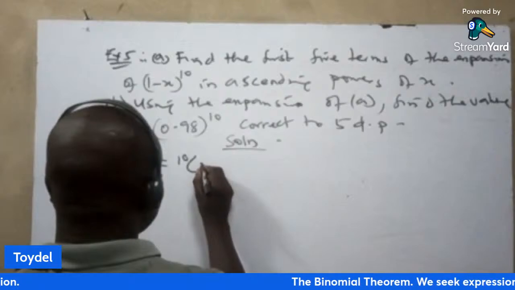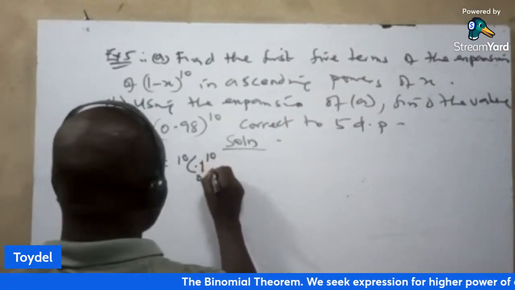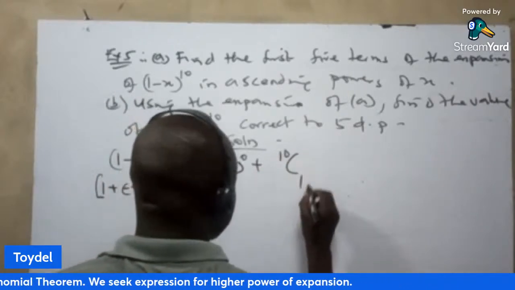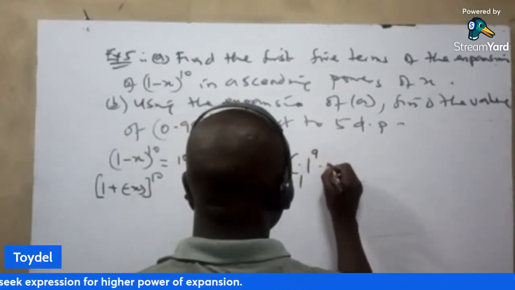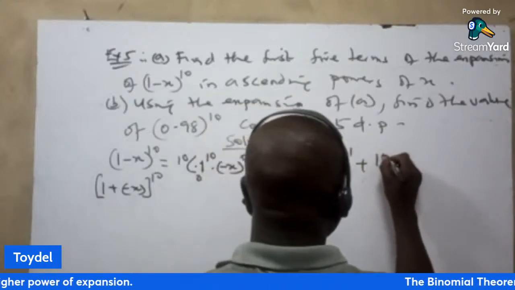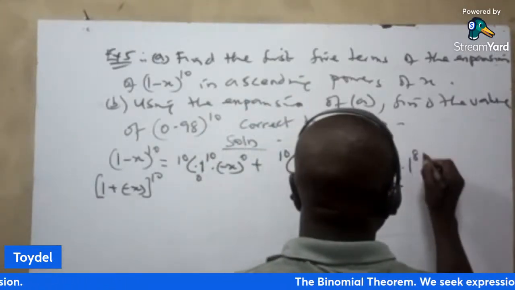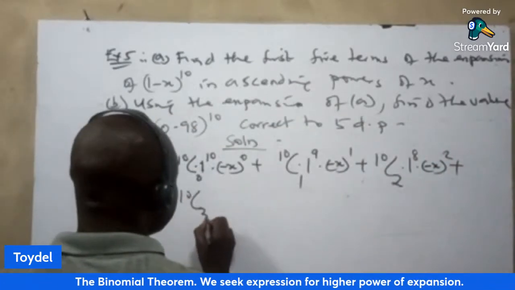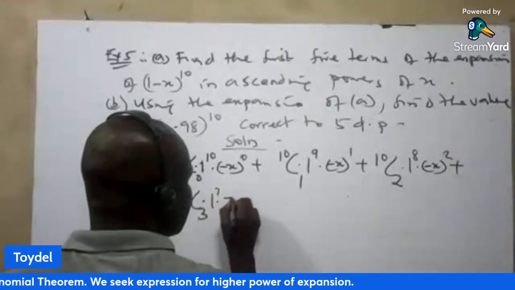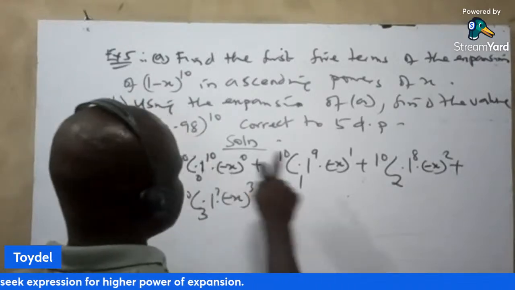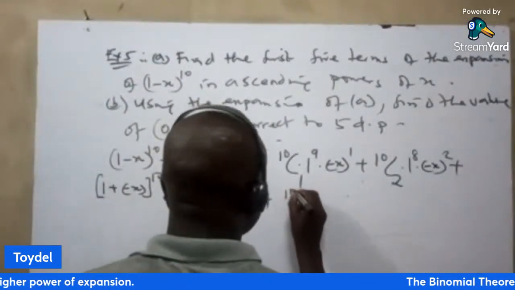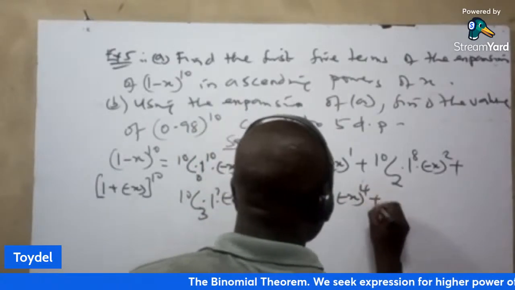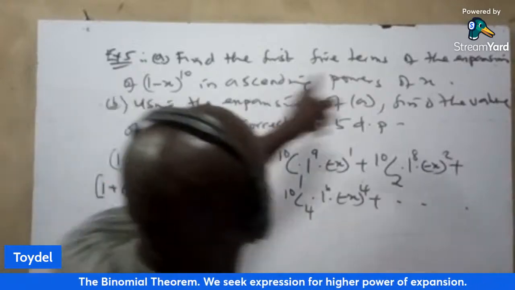Then this will be multiplied by 1 raised to power 10 multiplied by minus x raised to power 0, plus the second coefficient, 10 combination 1 multiplied by 1 raised to power 9 multiplied by minus x raised to power 1, plus 10 combination 2 multiplied by 1 raised to power 8 multiplied by minus x raised to power 2, plus 10 combination 3 times 1 raised to power 7 multiplied by minus x raised to power 3, plus, this is 1, 2, 3, 4, then the fifth one, 10 combination 4 multiplied by 1 raised to power 6 multiplied by minus x raised to power 4, plus dot dot dot, because we are asked to find the first 5 terms.